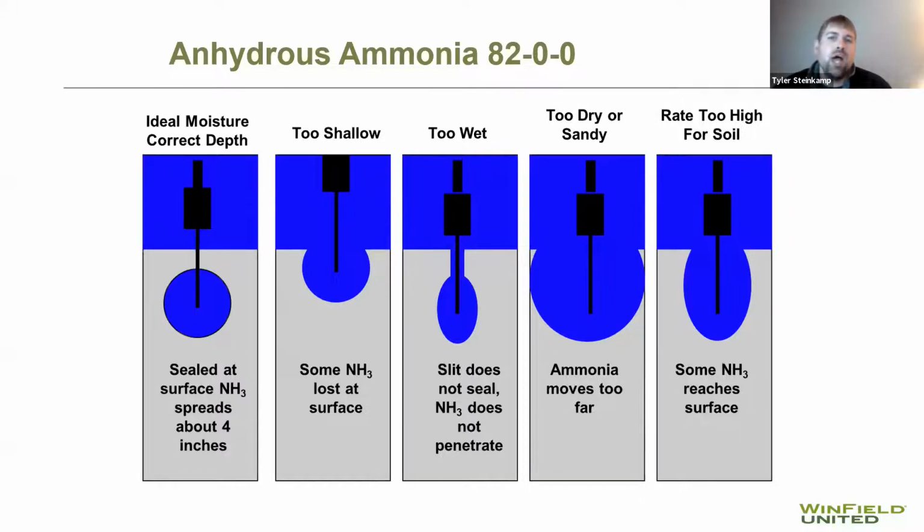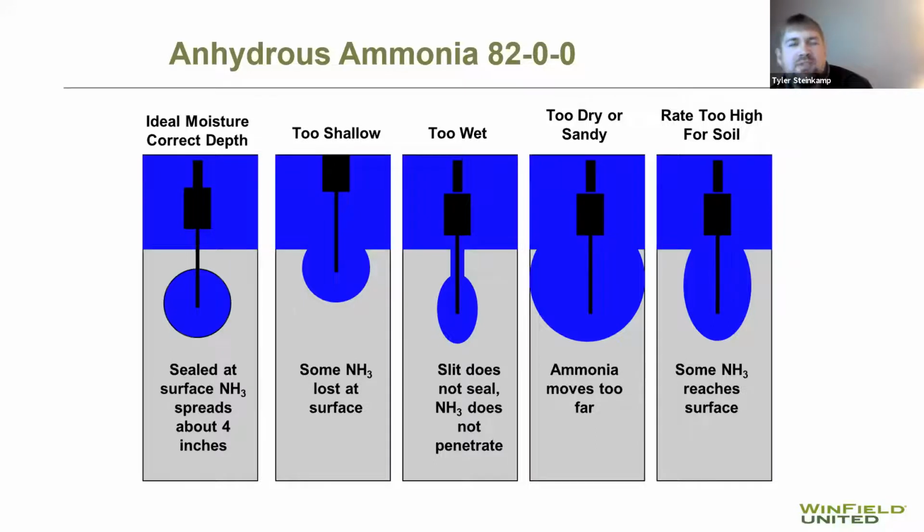But in general, as a rule of thumb, for every 1 CEC, you can hold about 10 pounds of nitrogen. And that's true up until you get to about 10.